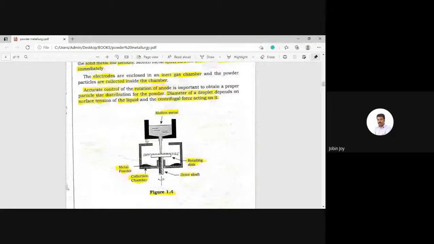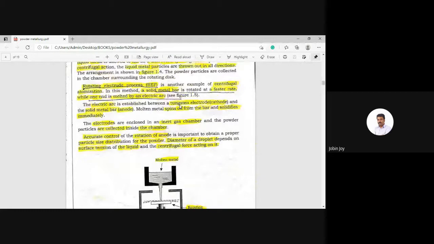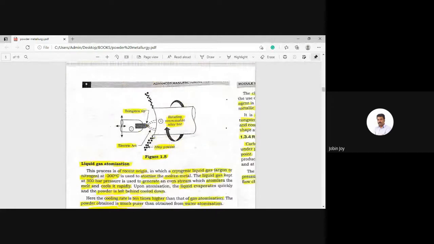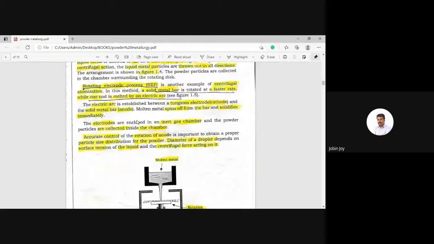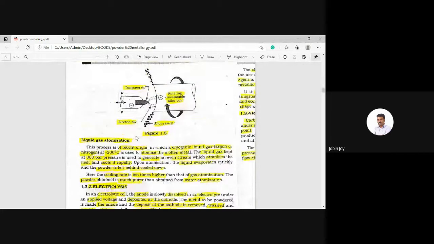The electric arc is established between a tungsten electrode, that is the cathode, and the solid metal bar, that is the anode. So this will be the cathode, and this solid bar will be the anode.